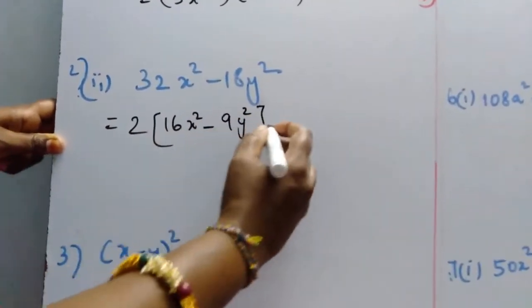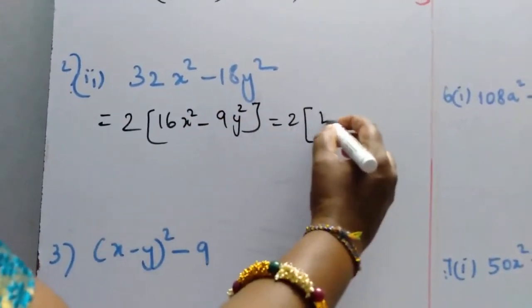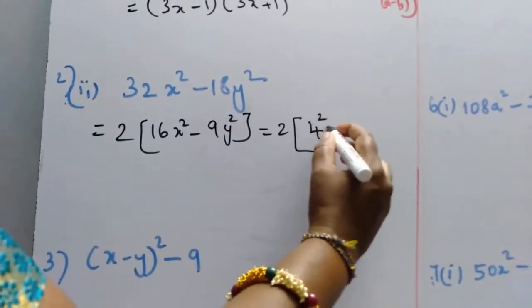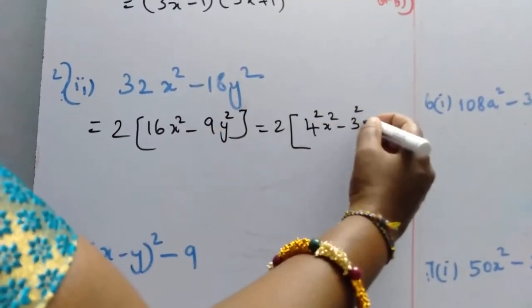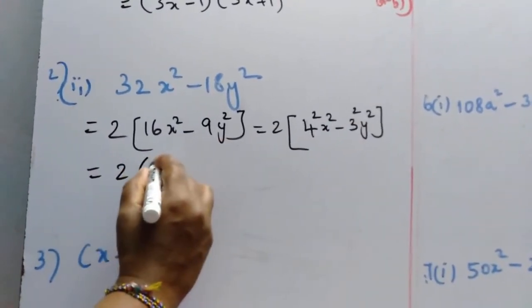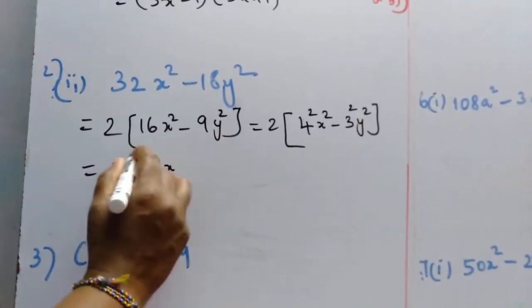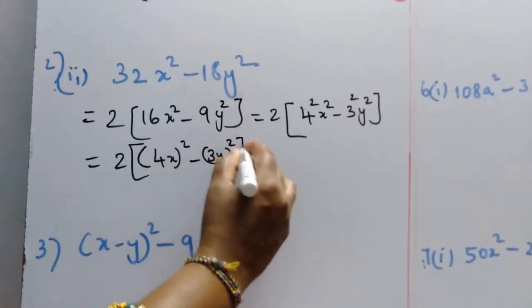Next, this can be written as 2 of, 16 is the square of 4, so 4 square x square, minus 9, which is the square of 3, so 3 square y square. And this can be written as 2 of 4x the whole square minus 3y the whole square. Right?